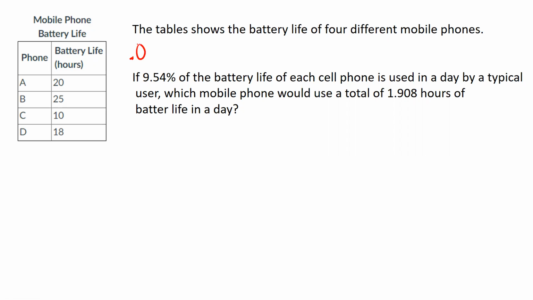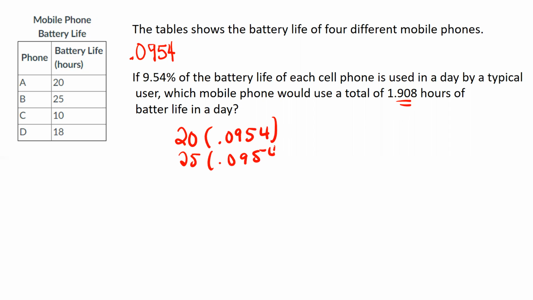So 9.54% as a decimal is 0.0954. So you're going to multiply each of these hours by your decimal, and whichever one gives you this many hours, that is going to be the answer.